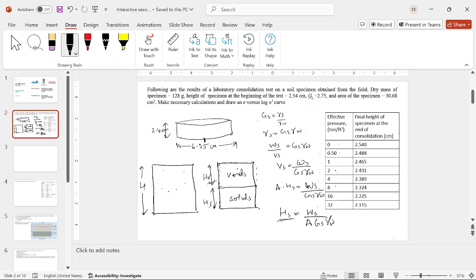And from HV we can calculate the void ratio, as we know e naught is equivalent to volume of voids over volume of solids. This will be area into height of voids over area into height of solids. Okay, this will be constant and this will change for each loading. Let's calculate that.